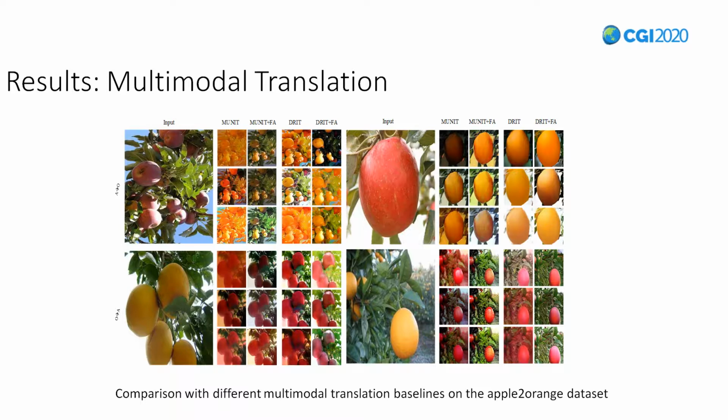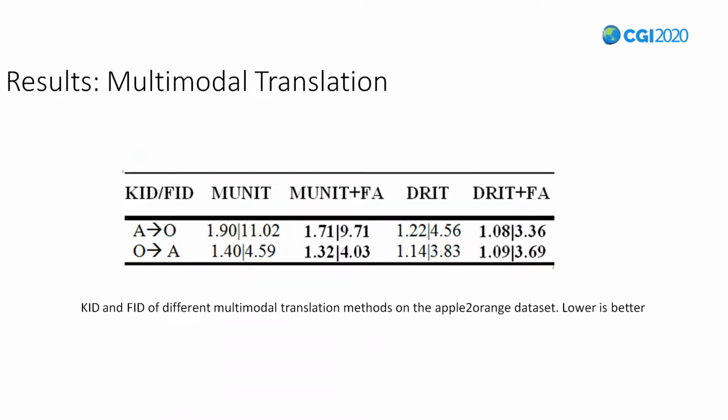When adding our FA modules into these translation networks, the apples or the oranges are also translated to multiple different appearances. By observing the KID and FID compared with original multimodal translation networks, adding FA modules reaches much lower values, which also validates the visualization results.